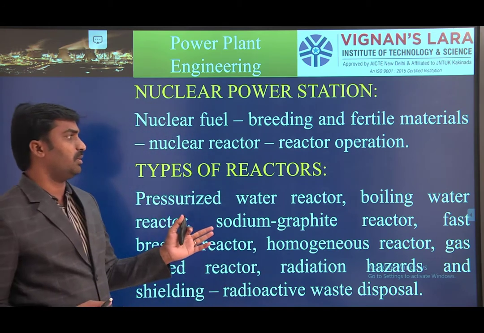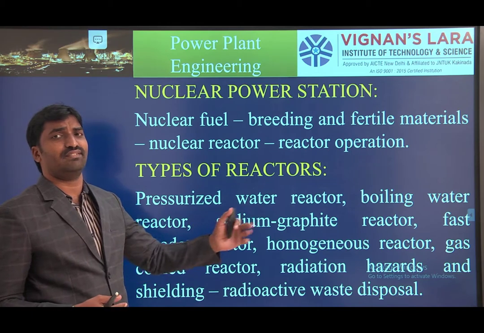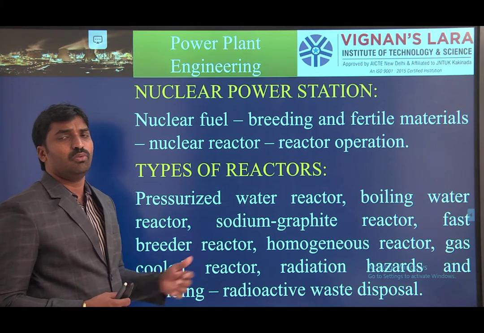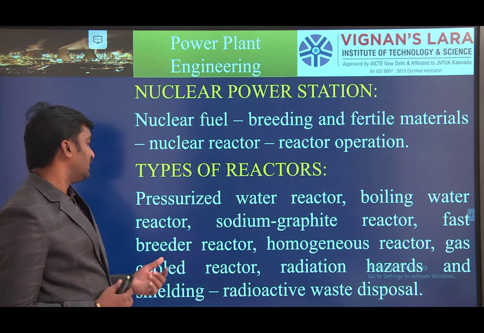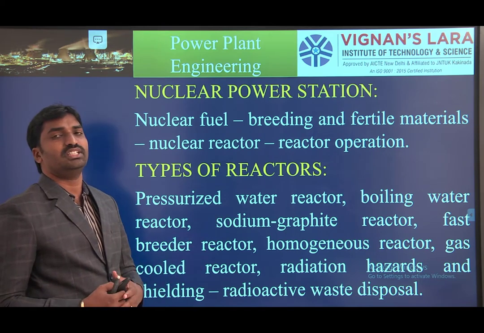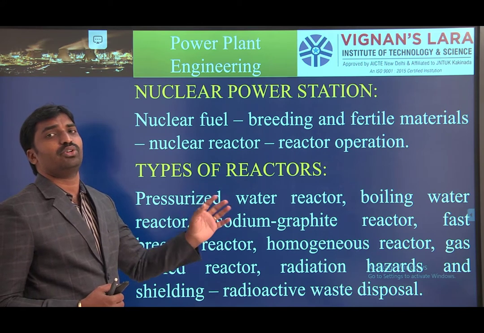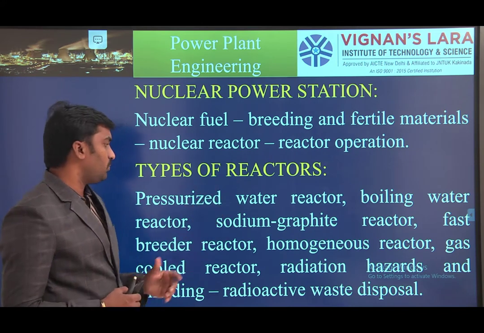We have studied nearly 5 types of reactors: pressurized reactors, boiling water reactors, sodium graphite reactors, fast breeder reactors, and homogeneous reactors. These 5 are very important from the examination point of view, so please concentrate on this.